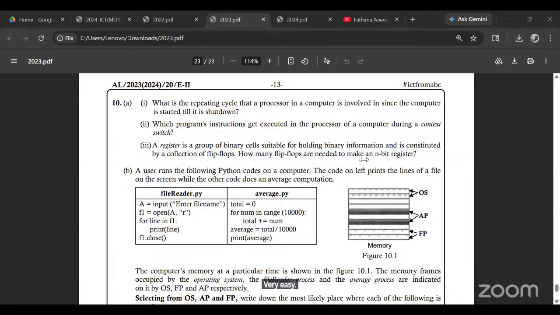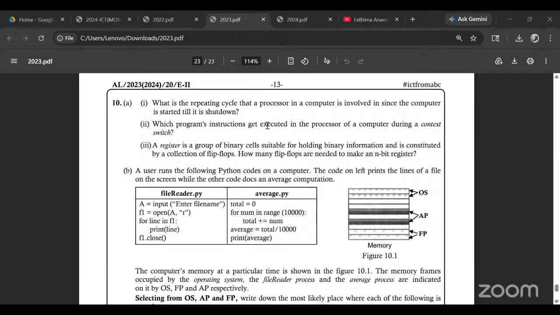Let's see, everyone. I want everyone to answer. Try it. Let's see if you understood the theory of operating systems. It could not only be related to operating systems.